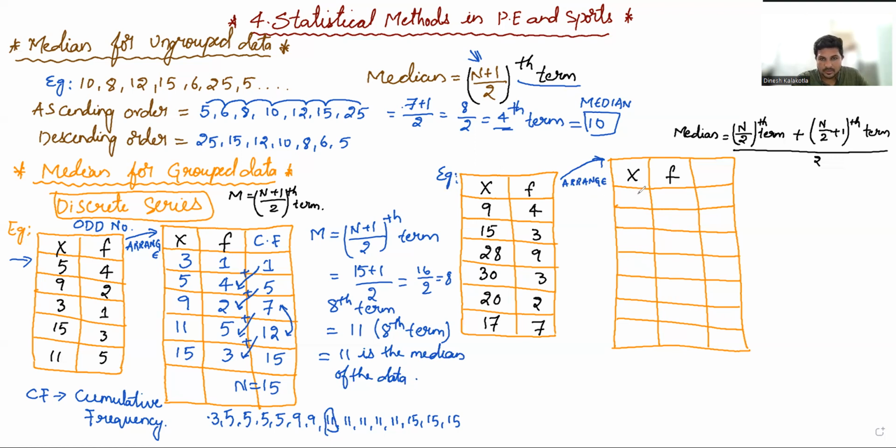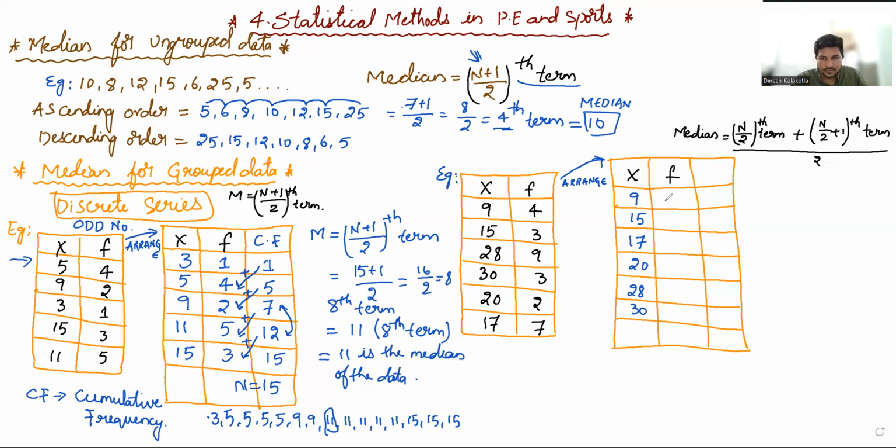So write down this. 9 comes first, and then 15, and then 17, and then 20, and then 28, and 30.